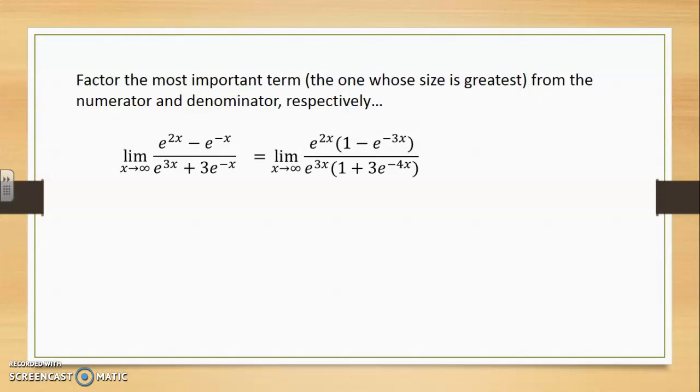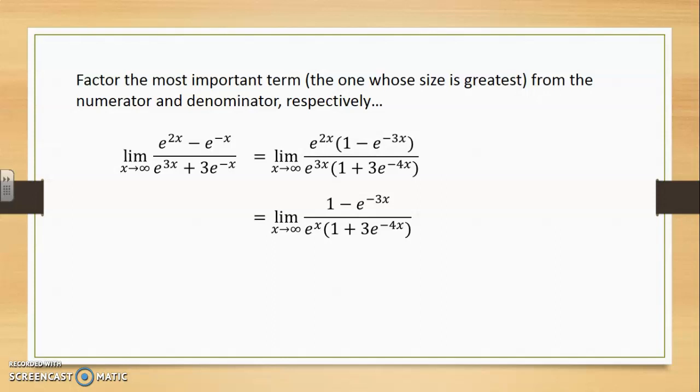By using properties of exponents, remember that for common base exponential functions the exponents add, we can figure that by factoring e to the 2x, we'll have 1 minus e to the minus 3x at the top. And by factoring e to the 3x, we'll have 1 plus 3 e to the minus 4x at the bottom. If you're not sure of this algebraic manipulation, redistribute to verify.